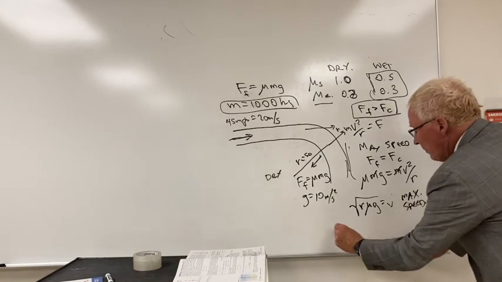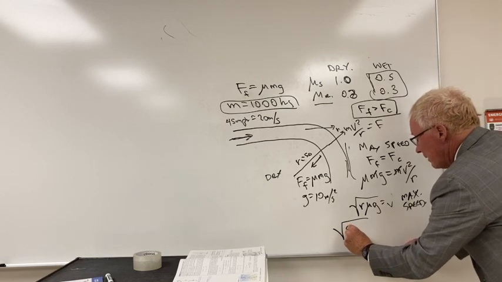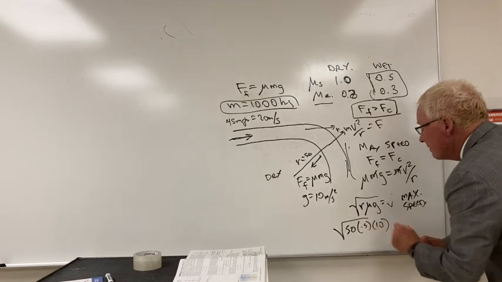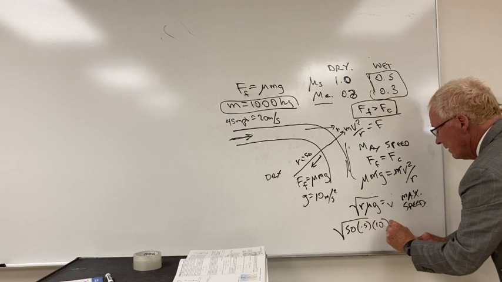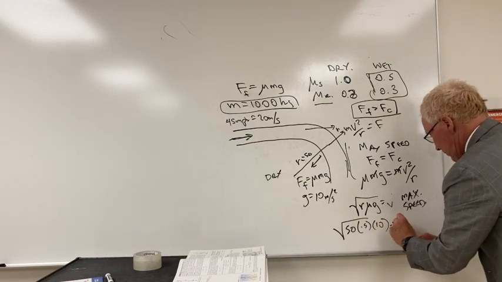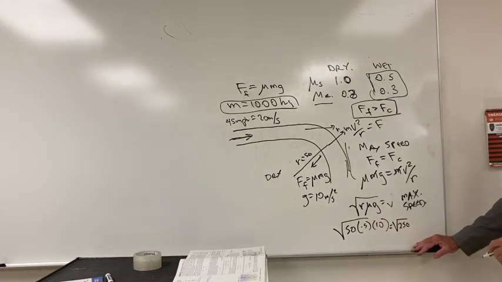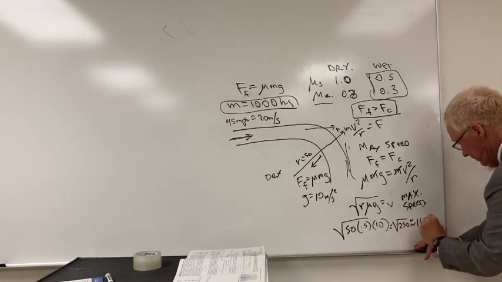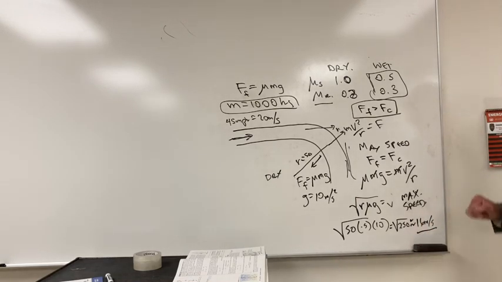And that'll be given by the square root of 50 times 0.5 times 10, which is 250. Square root of 250 is roughly 16 meters per second.